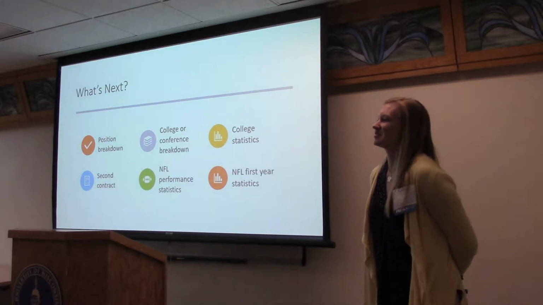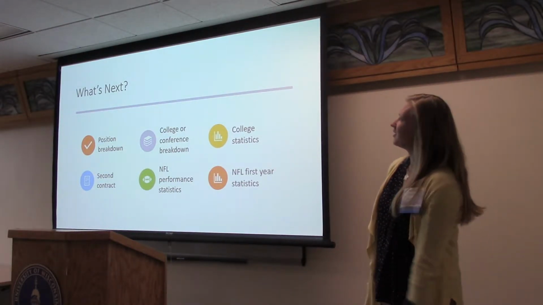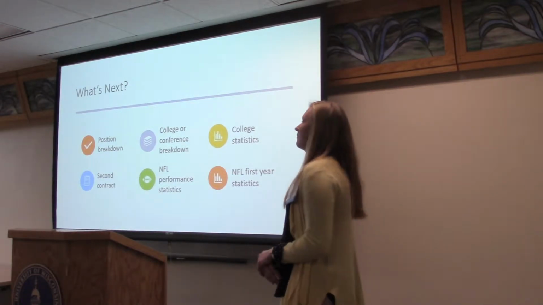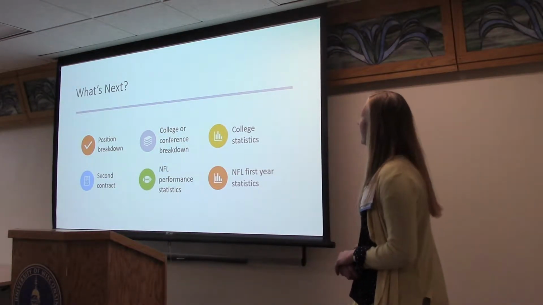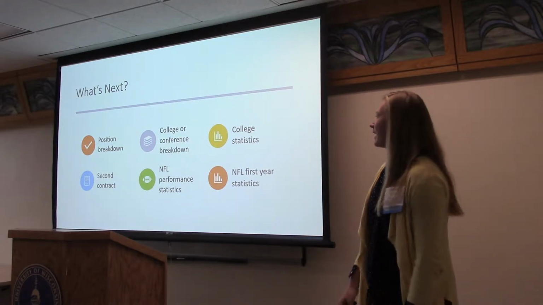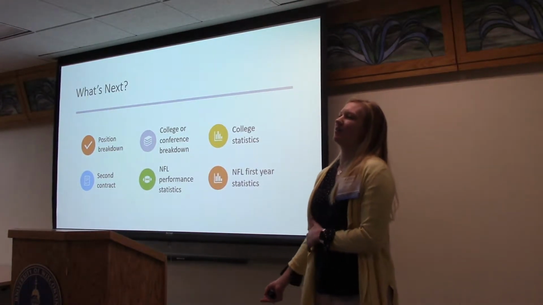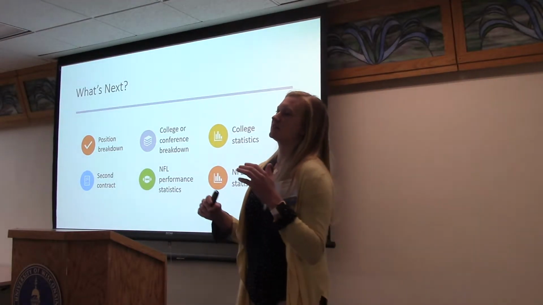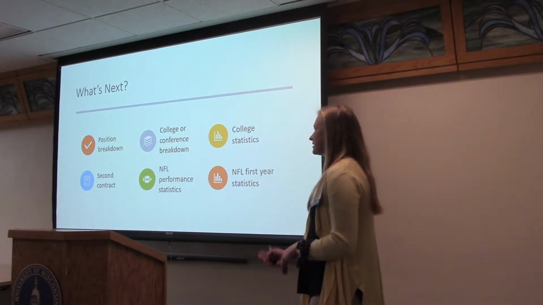So I think it'd be interesting to look at how many came from each college, or even group it by conference. And then you could take that a step further and combine in the college statistics and see if the college statistics have a better prediction of their salary.